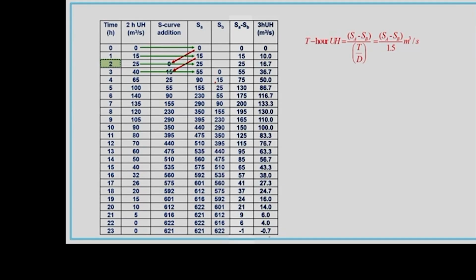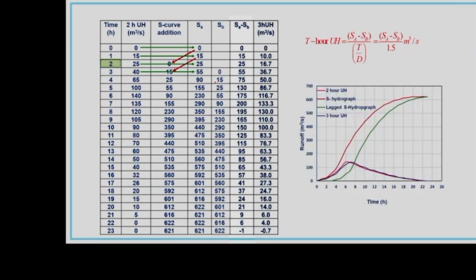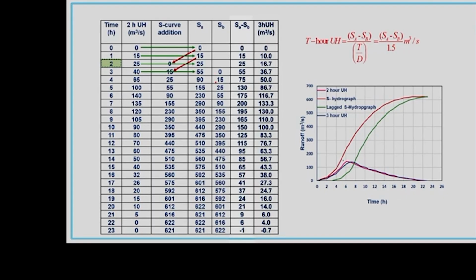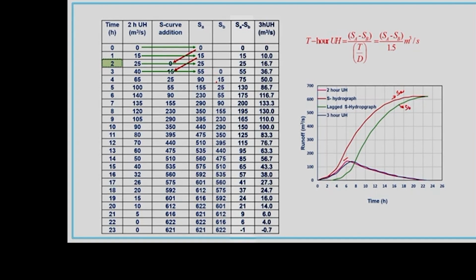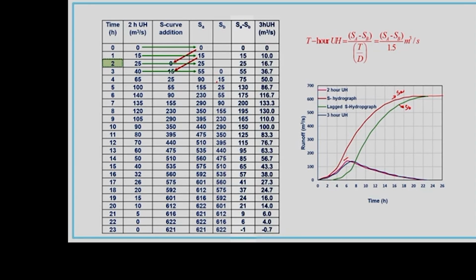That is representing the 3-hour unit hydrograph. If you plot the curve, you can see our 2-hour unit hydrograph is represented by this pink curve, the S hydrograph SA is given by this red curve, and SB is the lagged hydrograph represented by this green curve, and you can see both have an equilibrium discharge after a certain time.